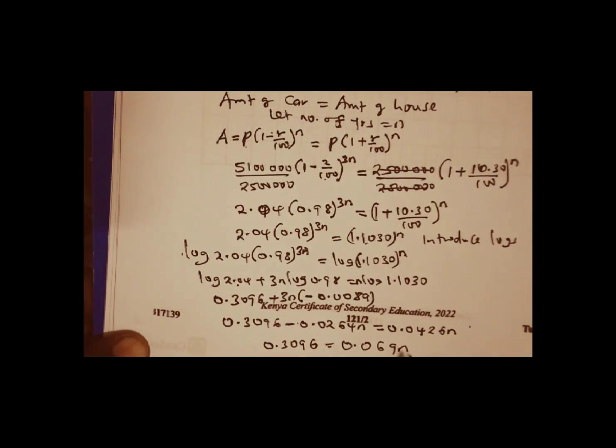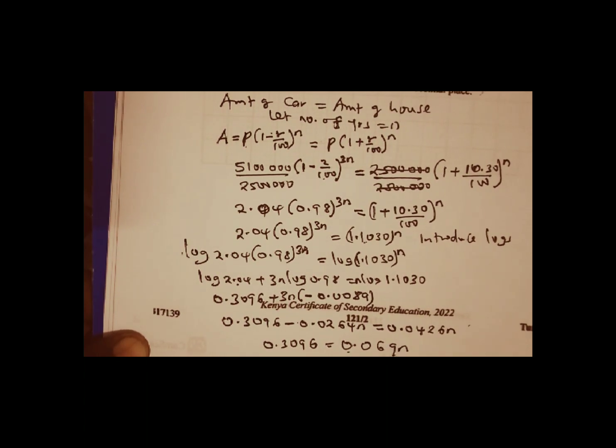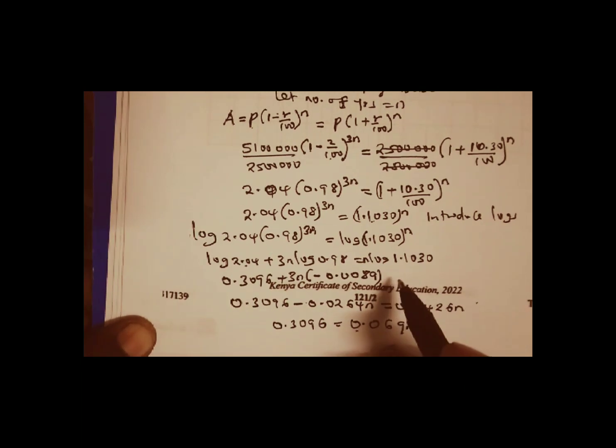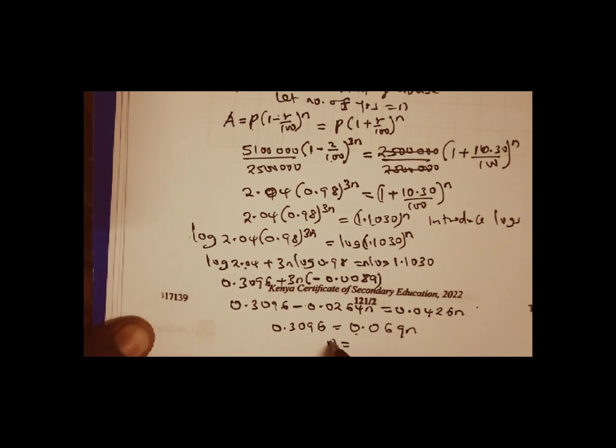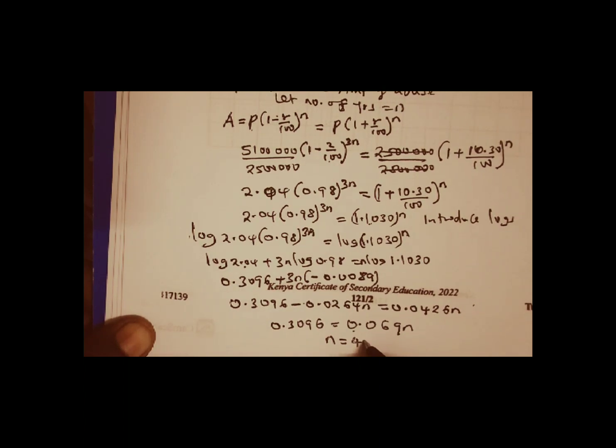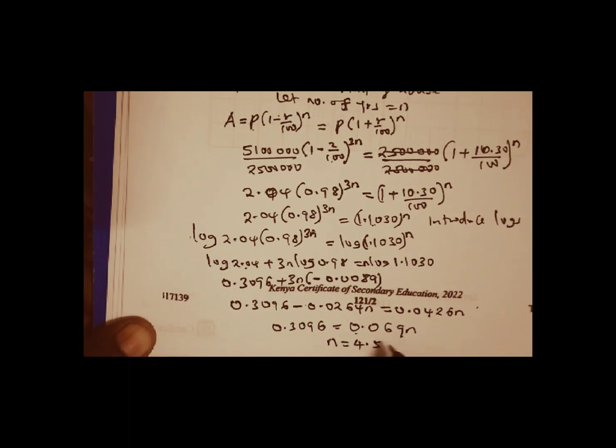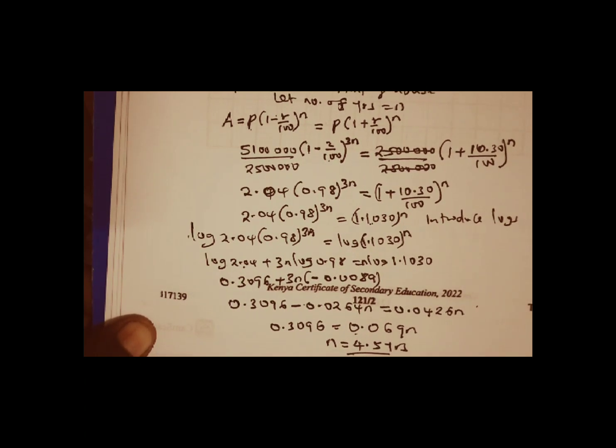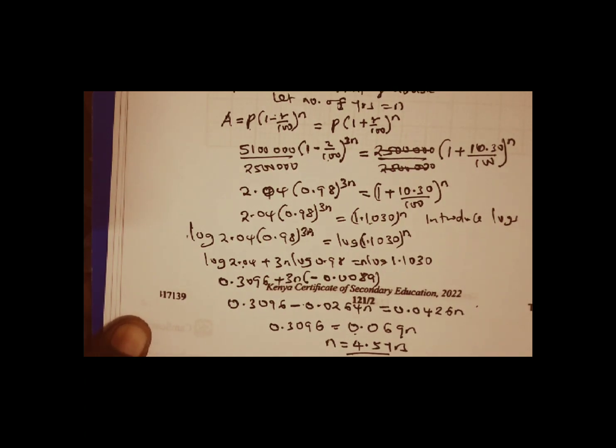In this case now, for us to get the value of n, we divide both sides by 0.069, where the value of n is equal to 4.489, which is roughly 4.5 years. And this means the two assets will have the same value after 4.5 years.